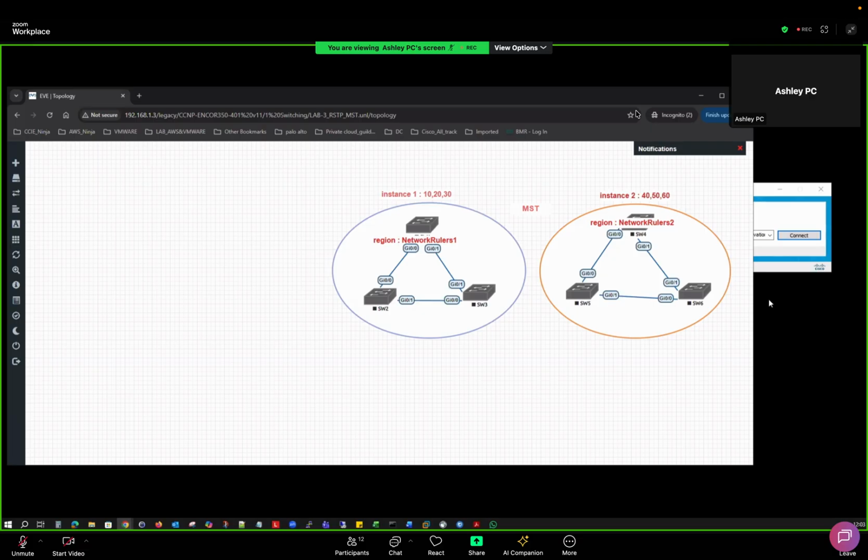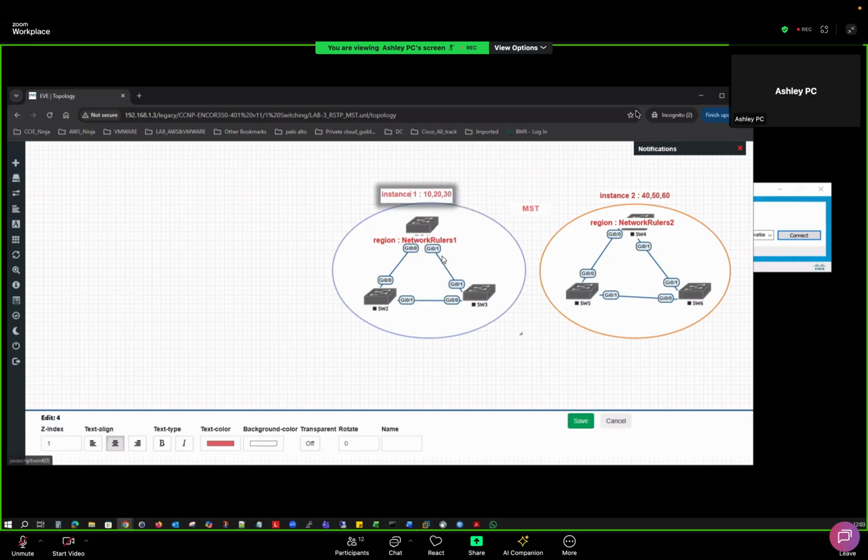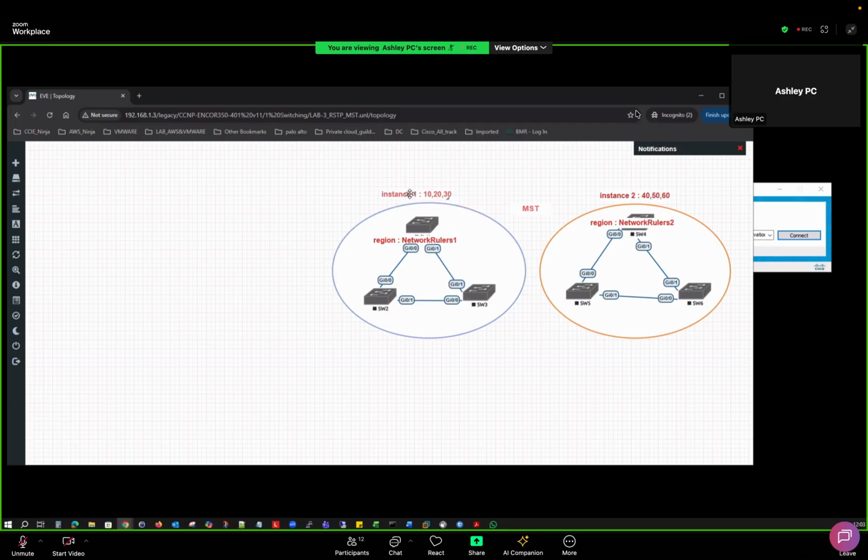And let's assume that we have 2 instances over there, so that we have better things to do. If we do instance 1 as VLANs 10, 20, 30, and we have instance 2 over there, so that we can change the priority. We will show you other things as well: 40, 50, and 60.